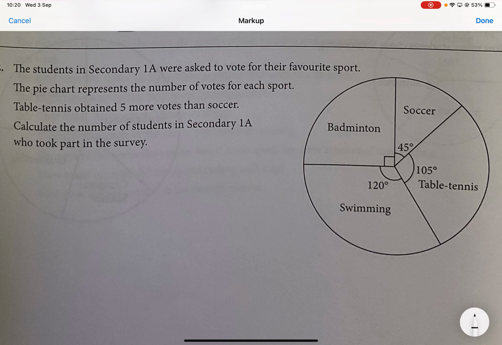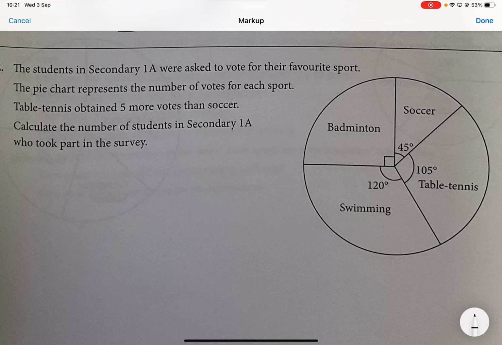And you can see table tennis has a bigger angle than soccer. The difference in the angle will be in degrees, but the number of degrees that make the difference is also the difference in votes.